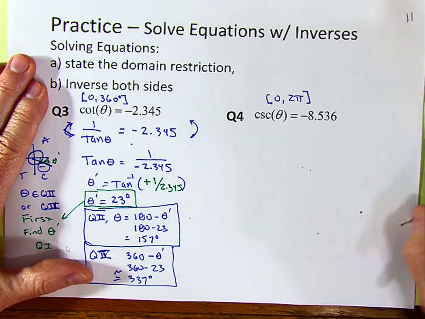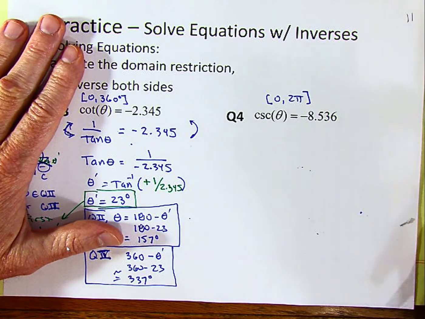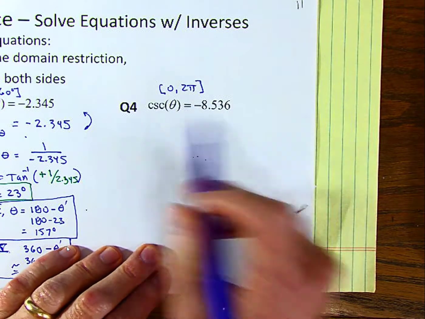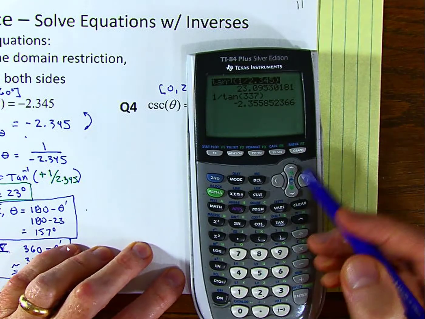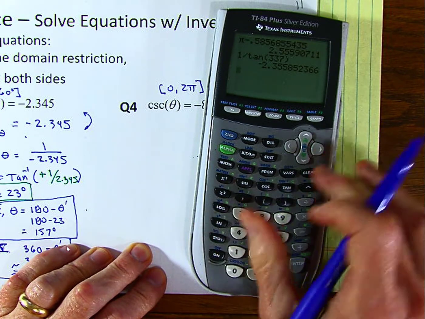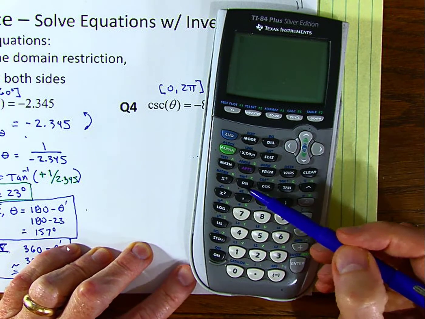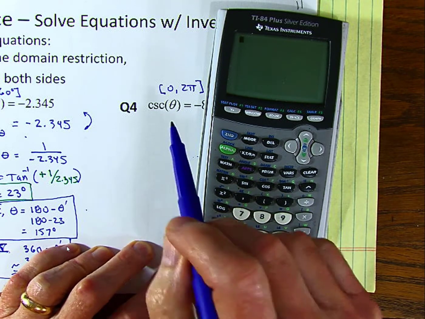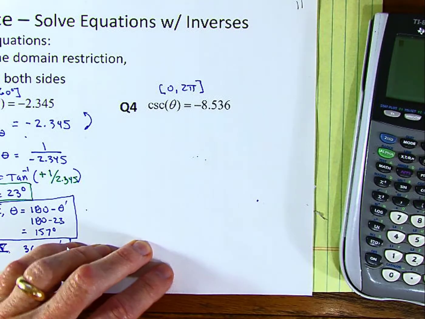Let's do one more. And this time we're going to do a cosecant. And we have a similar problem. We have no cosecant button. Since we only have sine, cosine, and tangent, we can't solve this in the calculator. We do not have an inverse cosecant.